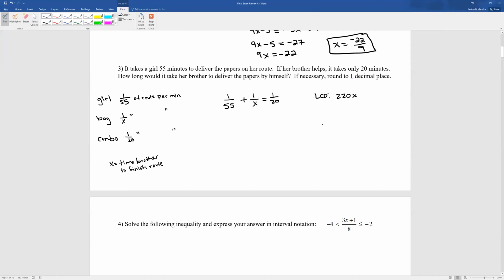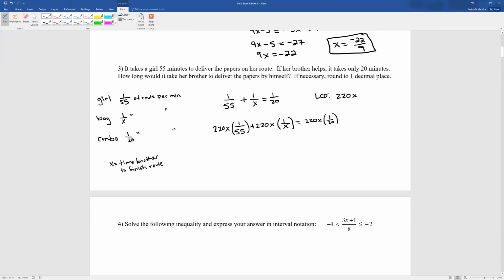And we also need an x. So 220x is what I'm going to multiply everything by to clear out those fractions. So 220x times 1/55 plus 220x times 1/x equals 220x times 1/20.